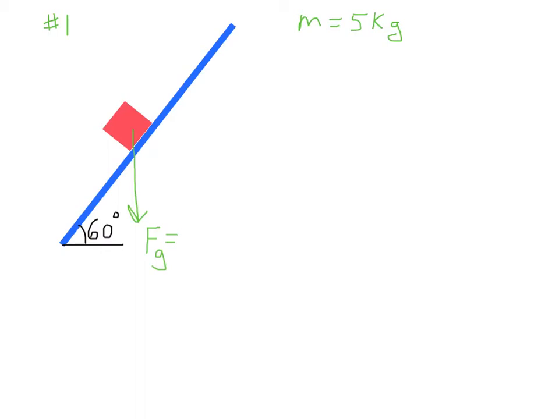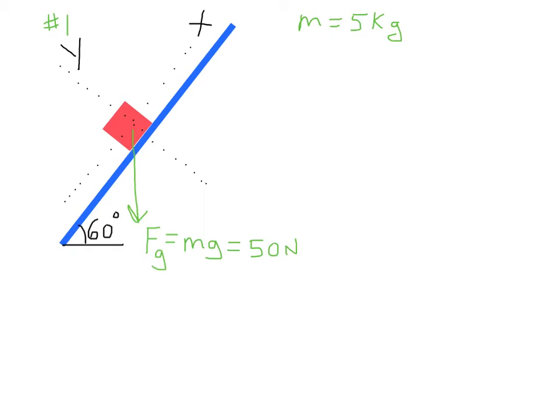To start off, we know the weight of this box is its mass times the acceleration of gravity, which means that our force of gravity is 50 newtons. Of course, like we talked about, we are rotating our xy axis so that this is our x-axis parallel to the plane, and this is our y-axis perpendicular to the plane.